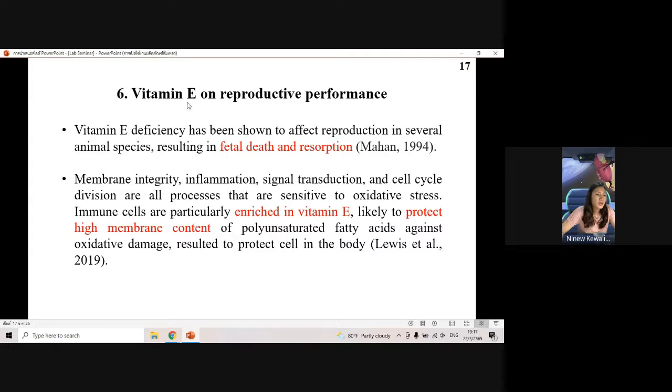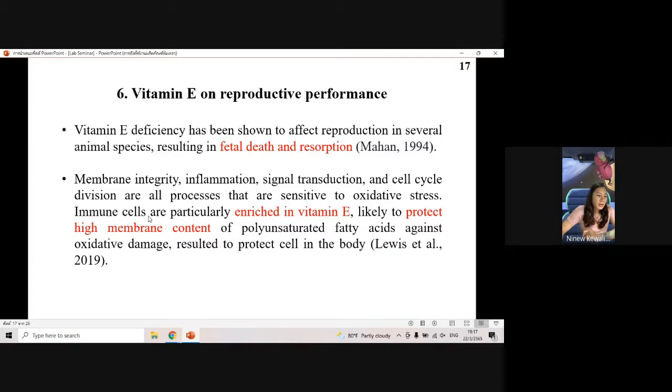And the vitamin E on reproductive performance. Vitamin E deficiency has been shown to affect reproduction in several animal species, resulting in fetal death and resorption. Membrane integrity, inflammation, signal transduction, and cell cycle division are all processes that are sensitive to oxidative stress.